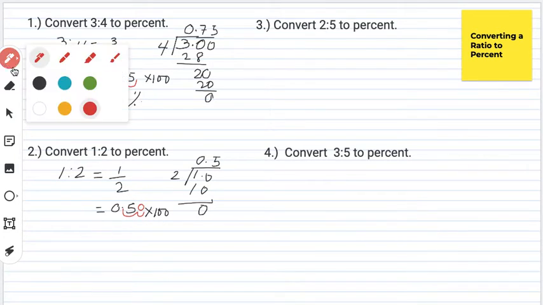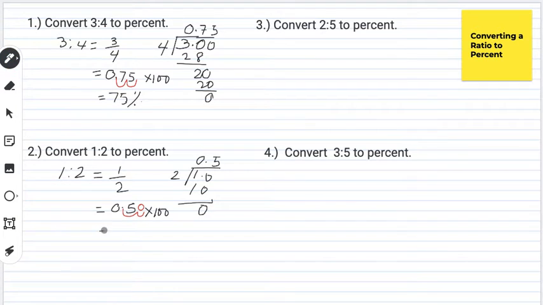So this becomes now 50. And this 50, we have to annex the sign percent. This is now the equivalent of 1:2 into percent, that is 50%.